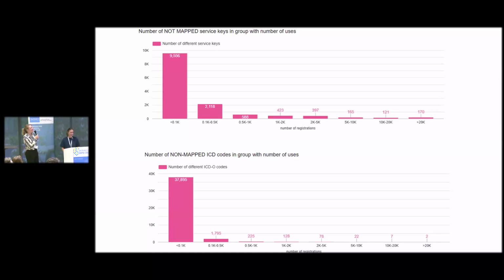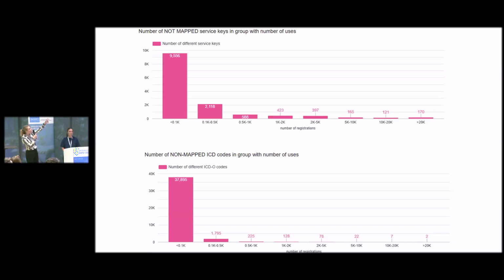And you map the non-mapped codes according to how many times they are being registered. So this is how many times they're being used in the EHR from the beginning, so back until the 1990s. Then you can see that the codes that we didn't map are not being used that much.